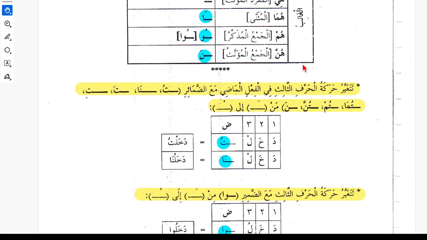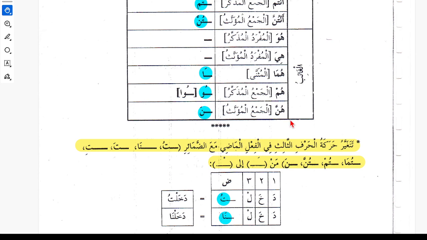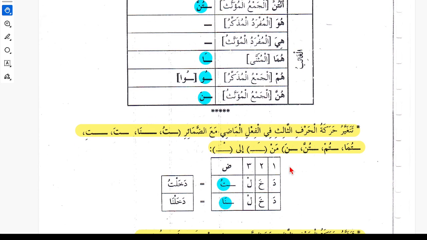Then what happens? Tataghayyaru harakatul harfis-salis fil fi'lil madi ma'a damair. For the pronouns which are for ana, nahnu, anta, anti, antuma, antum, antunna, and hunna, in all these cases the fatha sign will change to sukoon.